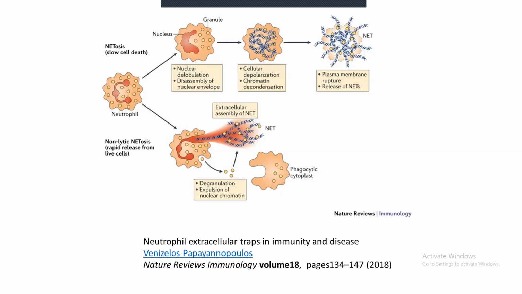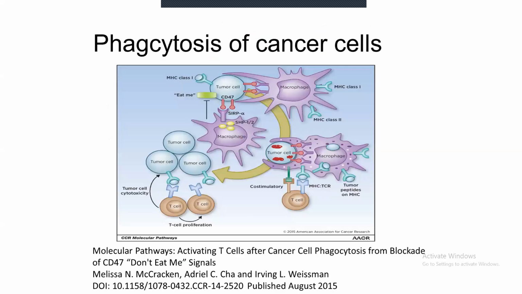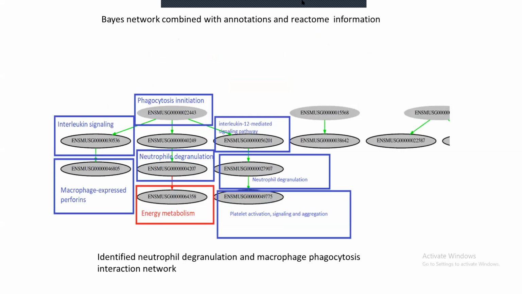So you can see that from biological and biomedical research, there is a whole foundation for this pathway that we identified, and that all of those processes are interconnected. So we have phagocytosis initiation. We saw that this one is connected to that first stage of forming the phagocytosis cap.